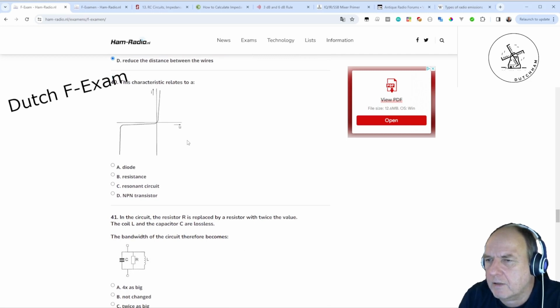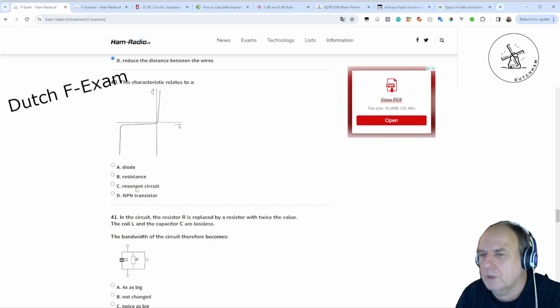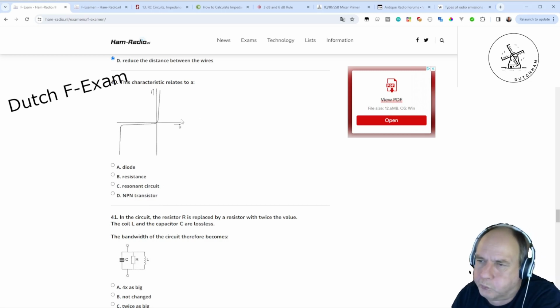This characteristic relates to a diode, resistance, a resonant circuit, NPN transistor. I think a diode. Resistance would be a straight line.